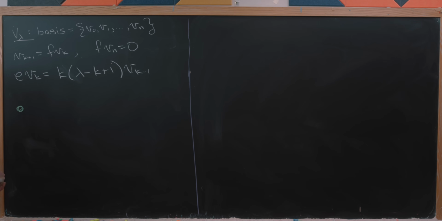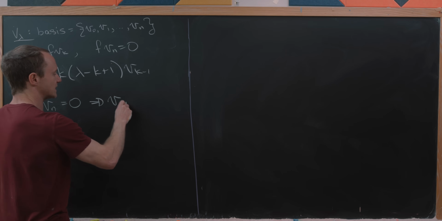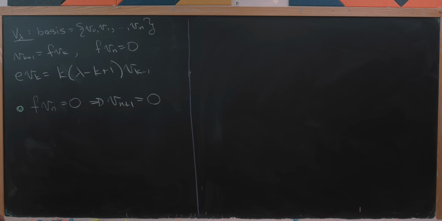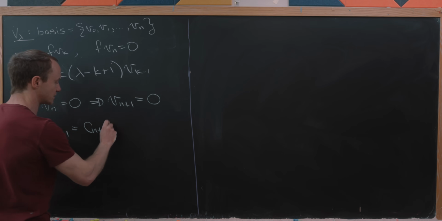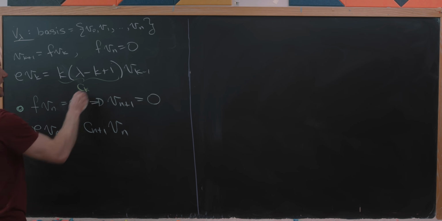So it's all going to be built off of this thing that we already have on the board. We have f applied to vn is equal to 0. But if we were to call f applied to vn, that means that we need v(n+1) to be 0. But then we know that e applied to v(n+1) has got to be equal to c(n+1) times vn, just based off of this rule right here, where remember that this was the ck number that we had before.